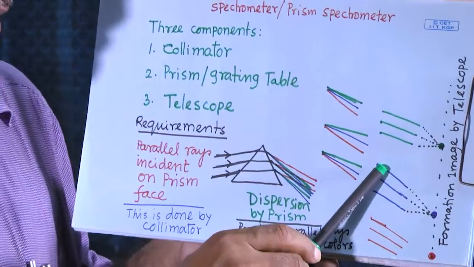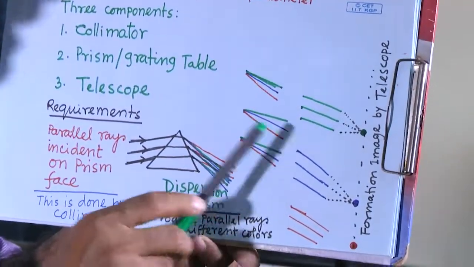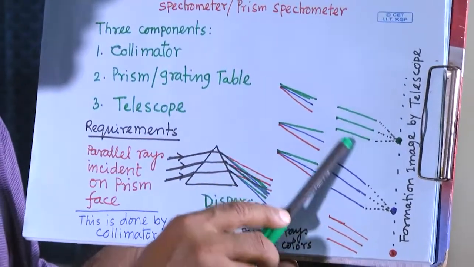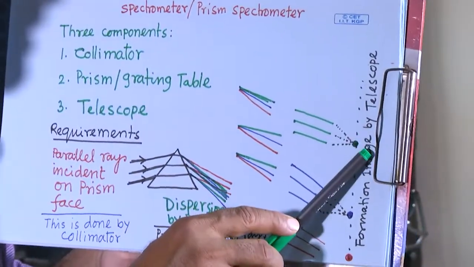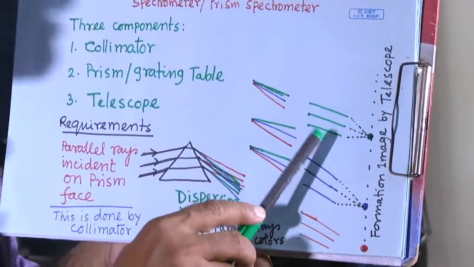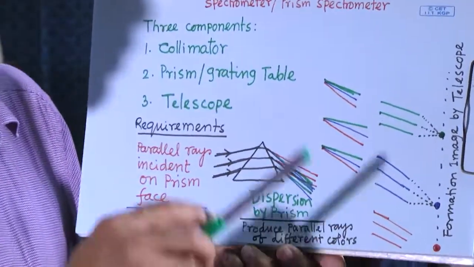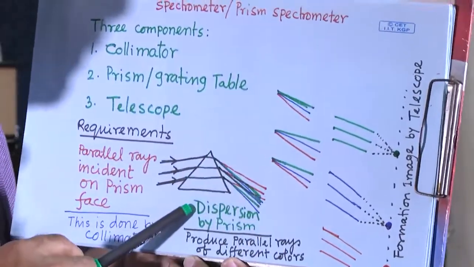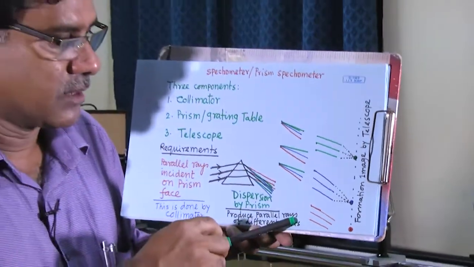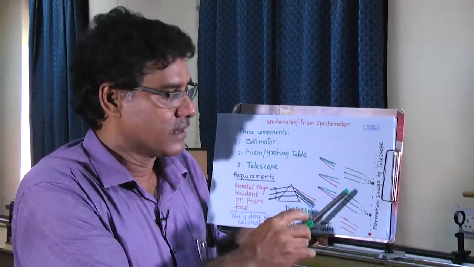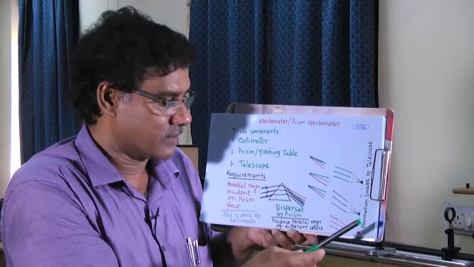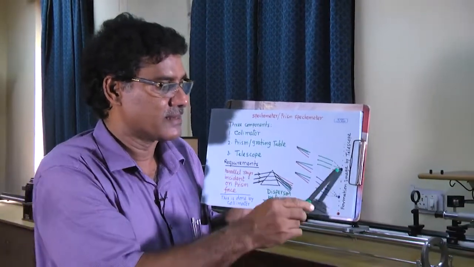Now, to see the image of the source, these parallel rays have to meet somewhere. Parallel rays meet at infinity, so you would see the image at infinity. But in the lab, in a smaller space, if you want to see the image, we use another part of the spectrometer, the telescope.